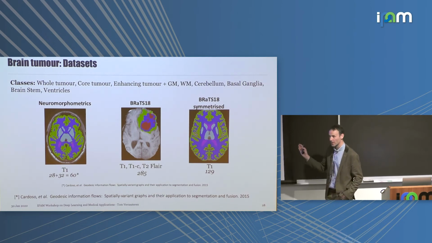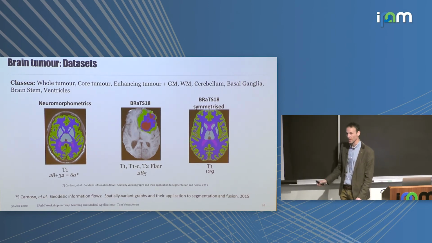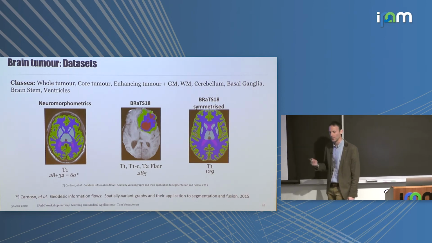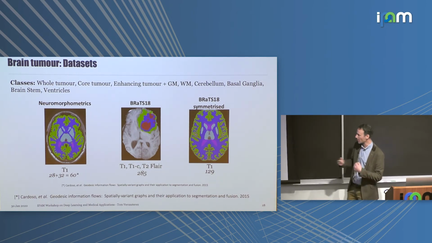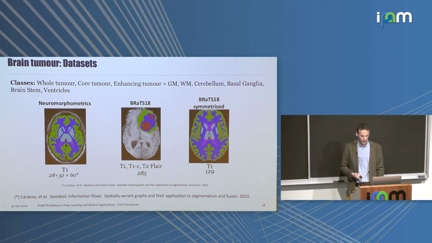For example, in BraTS, the tumor patients, many patients have a tumor only on one side of the brain. So what we did was find the symmetry plane, symmetrize the brain, and create pseudo-healthy looking brains there. And then we can run standard pipelines to do tissue annotations, right? So that allows us to get some form of information.